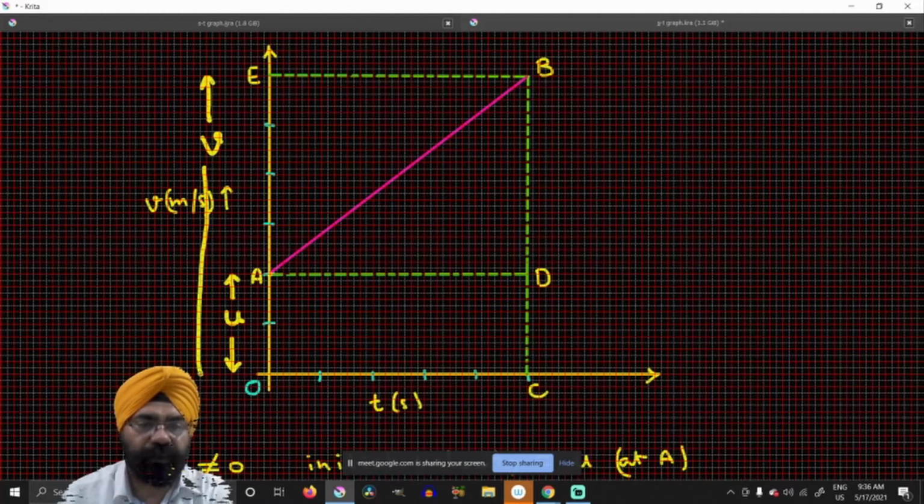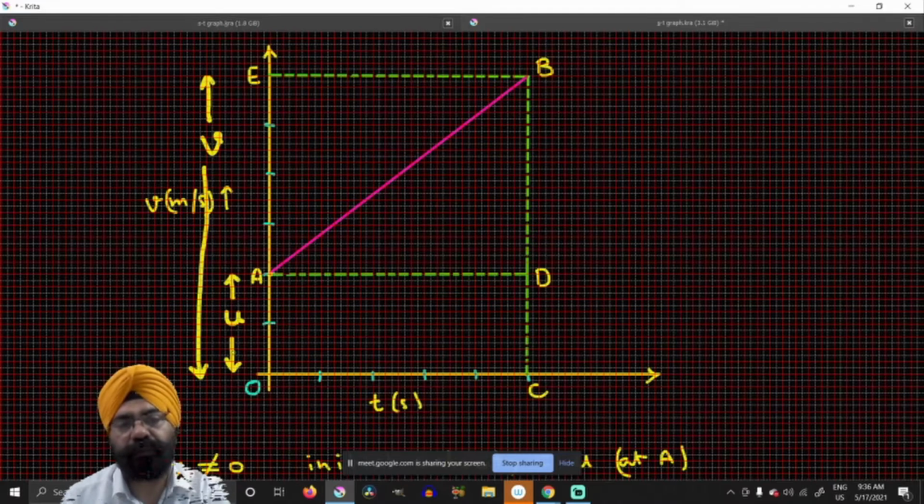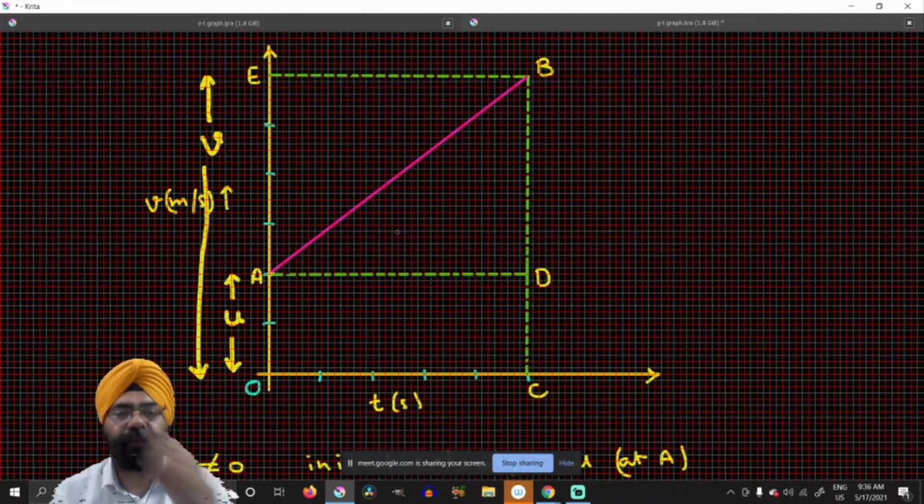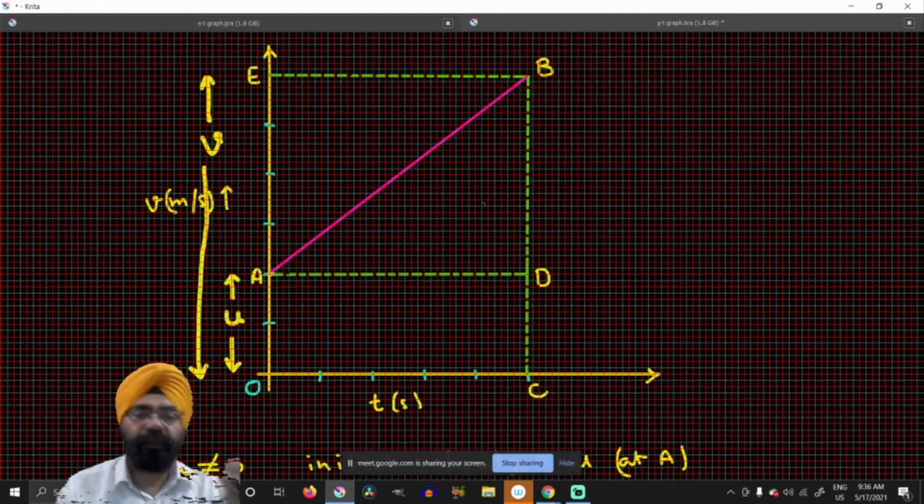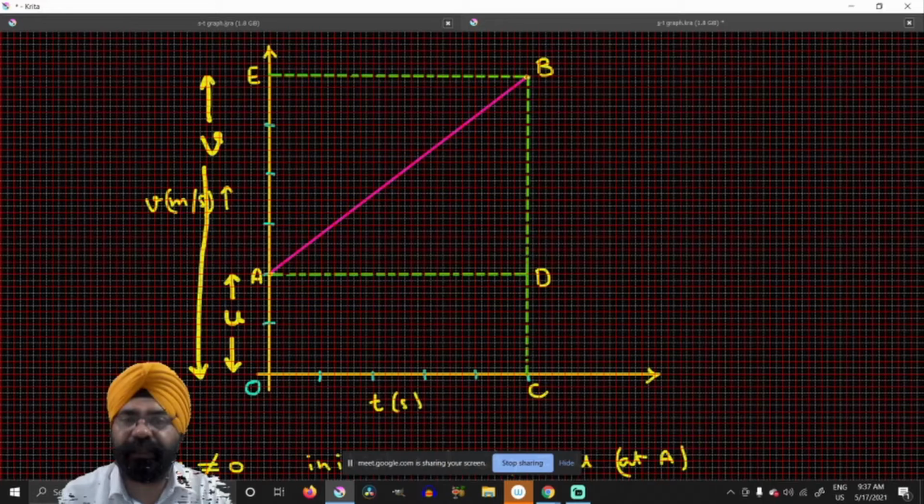Understood? Now the pink line shows the graph for the body which was moving with initial velocity u, and over a period of time t it accelerates uniformly and attains final velocity v. Clear, everyone?